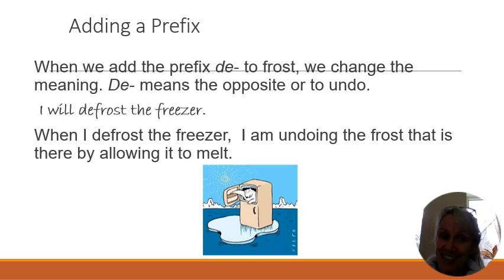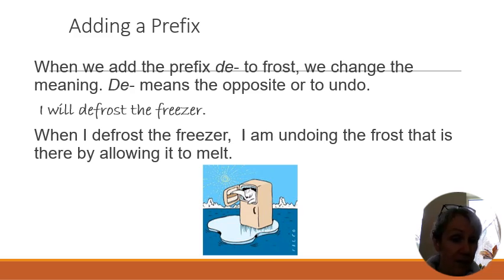Adding a prefix. Now when we add the prefix de to the word root frost, we change the meaning altogether. De means the opposite of or to undo. I will defrost the freezer.